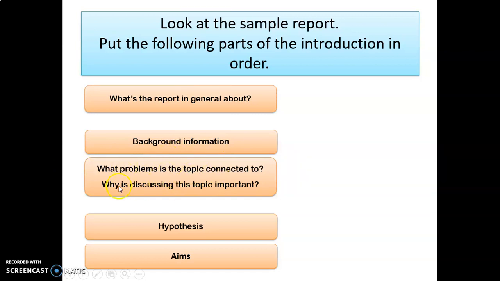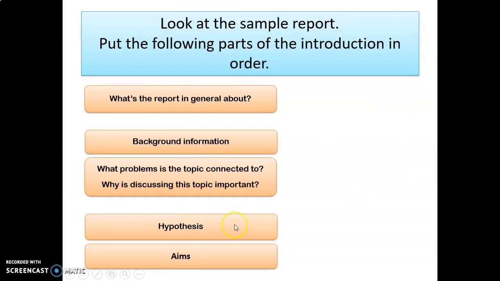But basically it's the problems or the consequences of this issue, if it's an issue. If the topic is about some issue, what can be the consequences? All right. And you end your introduction with a hypothesis or several hypotheses and aims.